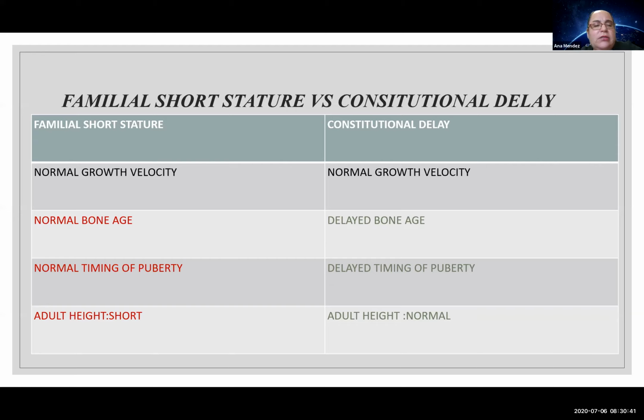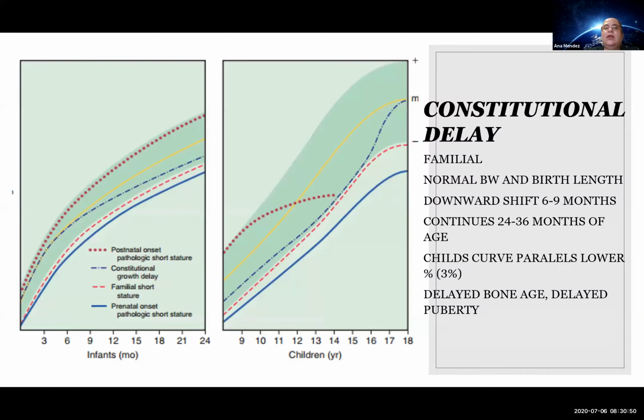And adult height for familial short stature, where you don't do anything, is short. Usually constitutional delay kids will acquire normal height. So be very familiar with this chart, because this is a fair question on any test you take, and also because you should know it. And when you look at a growth chart, you should be able to differentiate it.